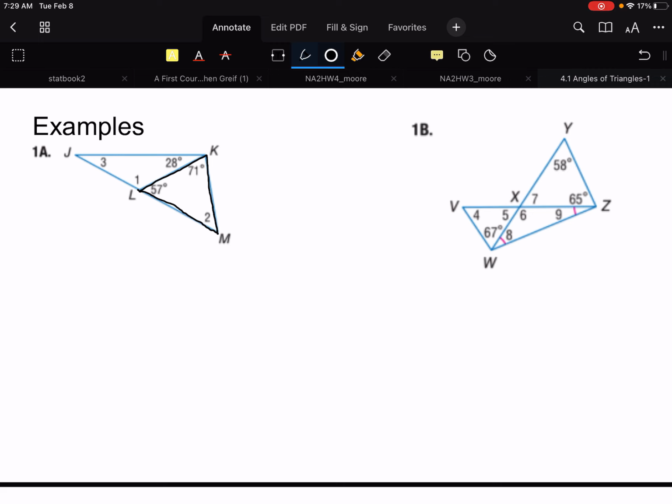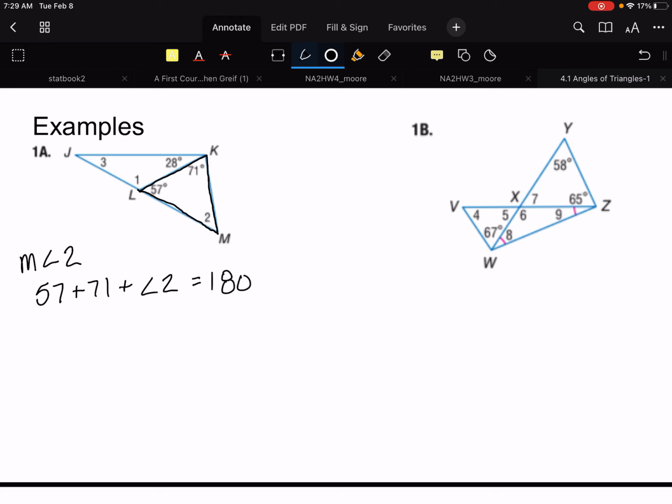So if we start by finding the measure of angle 2, I know that 57 plus 71 plus whatever angle 2 is, or angle M, equals 180 degrees.